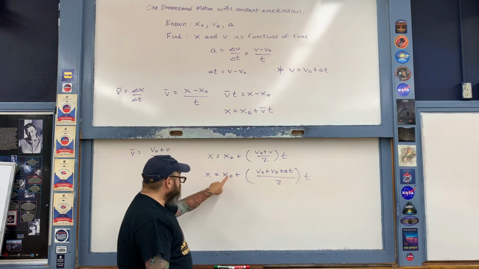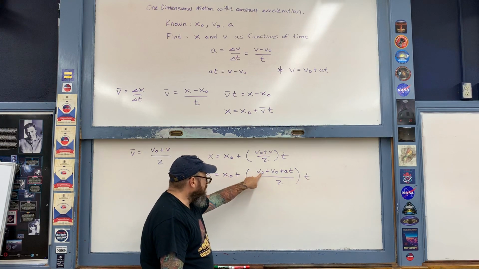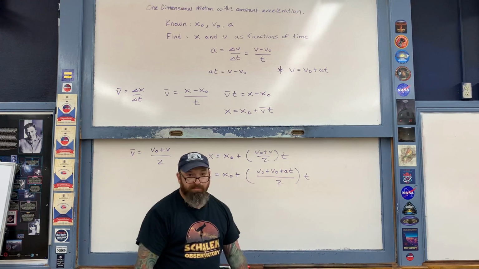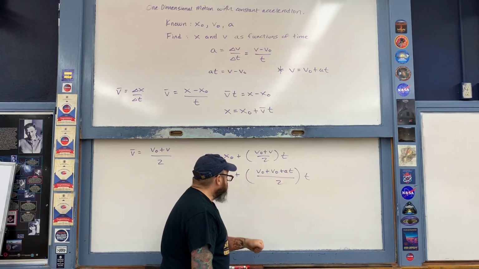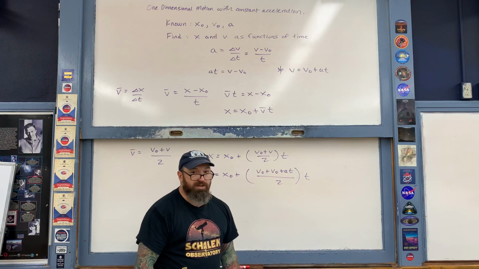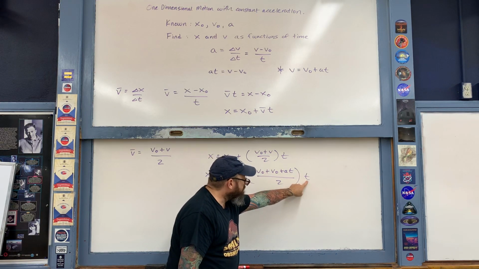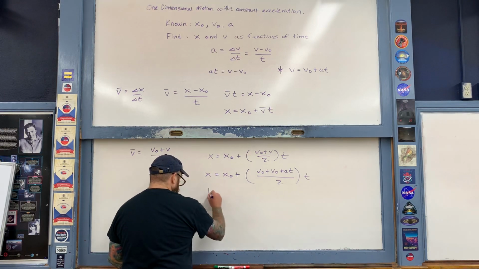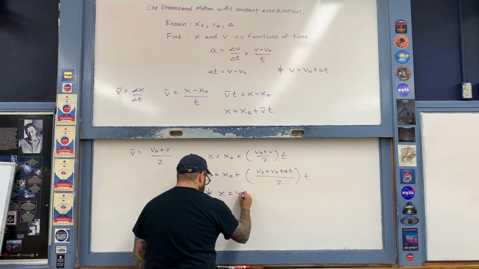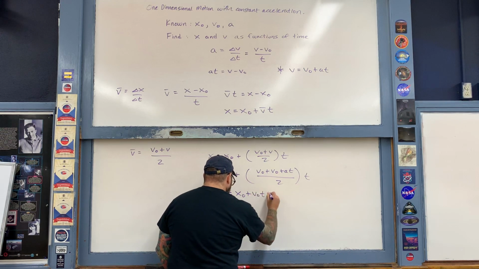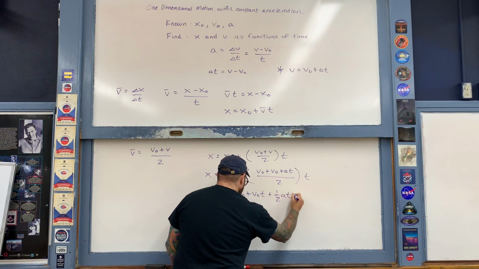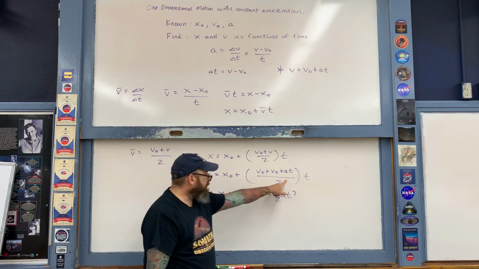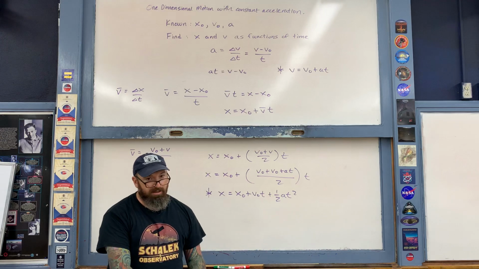of time in terms of the initial position, the initial velocity, and the acceleration. The equation itself, by the way, can be cleaned up a little bit. If we add things together here and simplify in the parentheses of the expression, multiply through by this time t, you ultimately end up with the following equation. This expression here is the same thing as the expression above, just algebraically cleaned up a little bit.